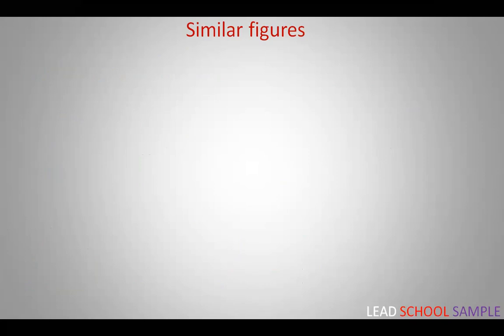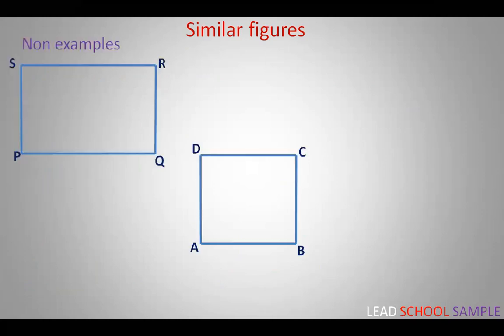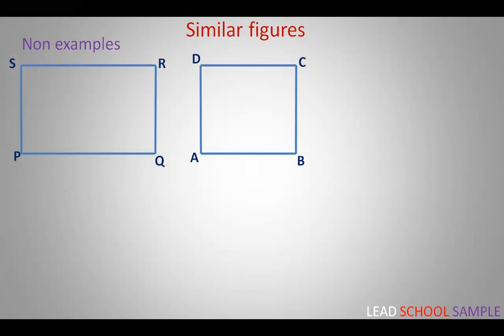Now we will check whether one condition of similar polygons is enough for them to be similar or not. We'll take one rectangle PQRS and one square ABCD. In a rectangle or square, all adjacent angles will be 90 degrees. So here, all corresponding angles are equal.